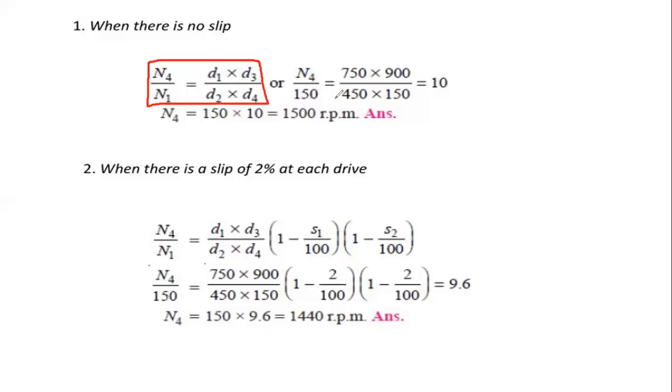N4 by 150 is equal to 750 into 900 divided by 450 into 150, which is 10. Therefore N4 is equal to 150 into 10, that is 1500 RPM. So this is the speed of the driven pulley.